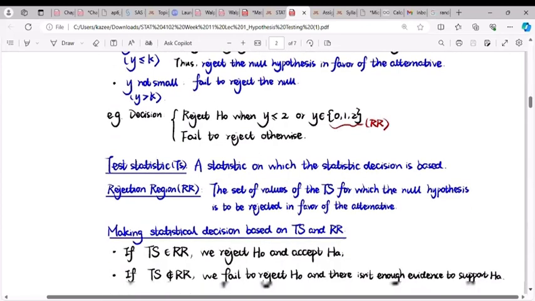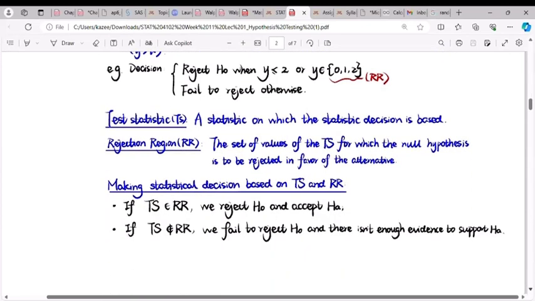Now, let's say we decide that our k equals 2. Take a look at that: y less than or equal to 2. If k equals 2, then we have a rejection region that we have created. We're going to reject the null hypothesis when the number favoring Jones out of 15 is less than or equal to 2. The arrow that you see here is what we call the rejection region.